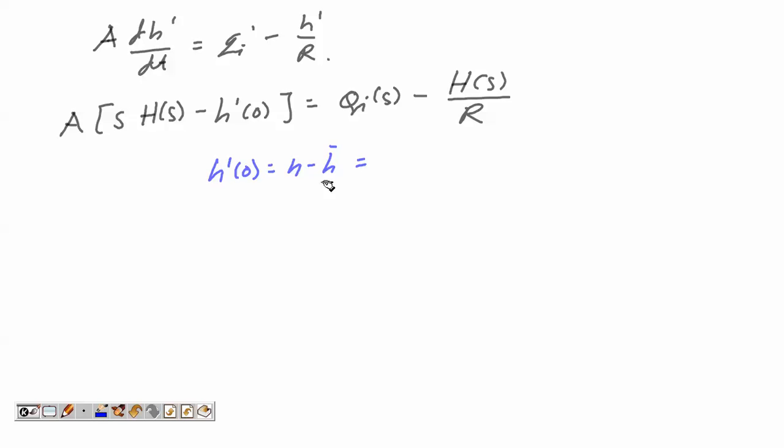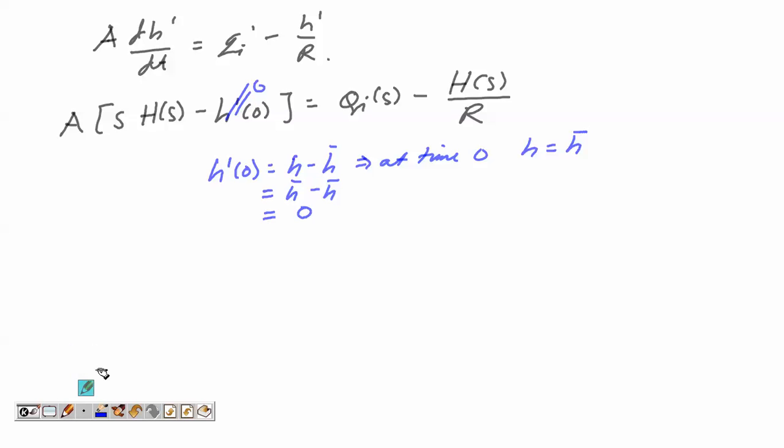At time 0, H is equal to H steady. So H prime at 0 is H steady minus H steady, meaning we get 0. So here it is 0.